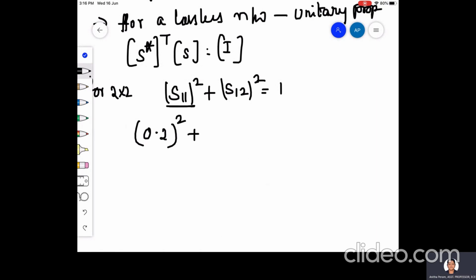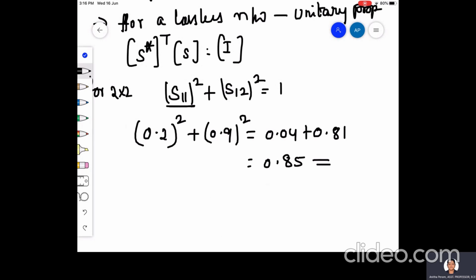So 0.2 square plus 0.9 square, which gives 0.04 plus 0.81. Summing it up, you get 0.85.